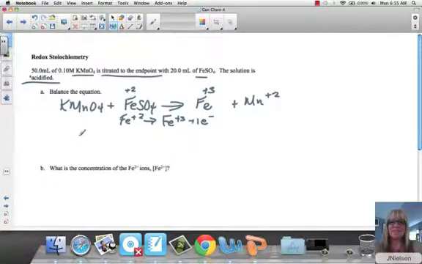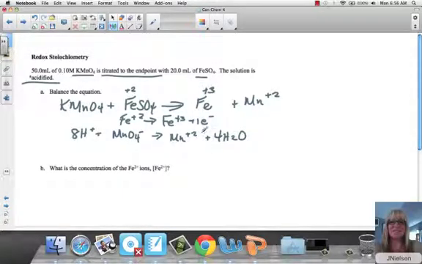And then we've got the MnO4 going to Mn +2. So I need to add 4 waters to this side, which means 8 H pluses to this side.